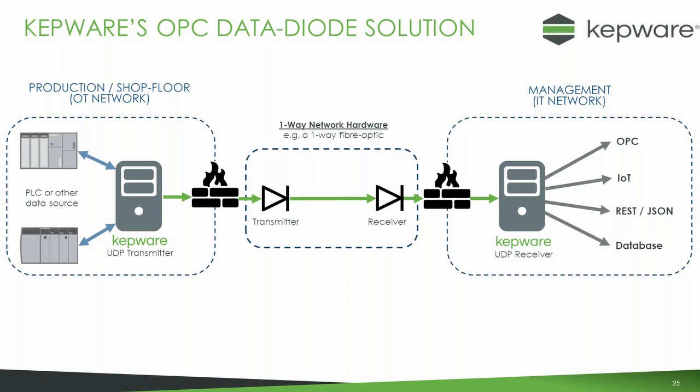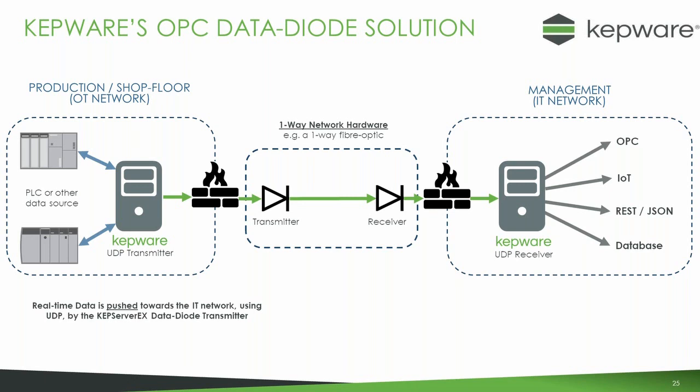It is then sending the data via UDP across an infrastructure which is a one-way infrastructure. So this is a fiber optic transmitter connected to a fiber optic receiver and nothing going in the opposite direction. That data is being pushed up to a copy of KEPSERVER on the IT network, which is acting as a UDP receiver.